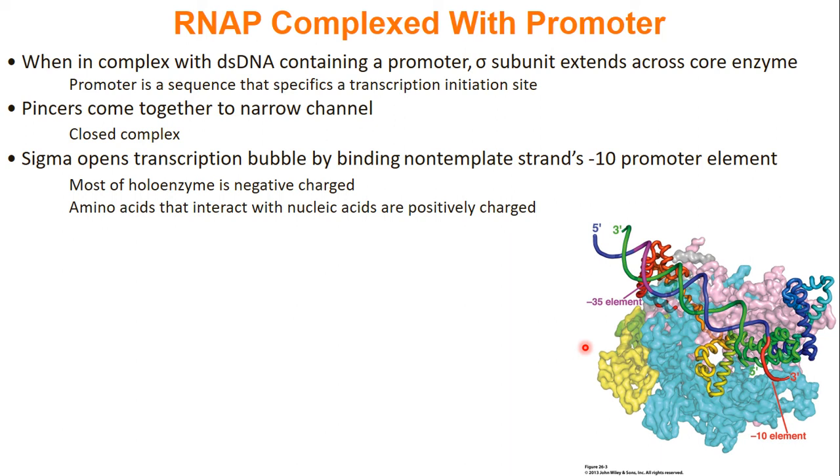This is called the closed complex. When this happens, the sigma subunit will open the transcription bubble by binding the non-template strand -10 promoter element. Remember, these numbers mean how far away you are from initiation, where you start encoding the gene. So the -10 element would be 10 positions away from that.